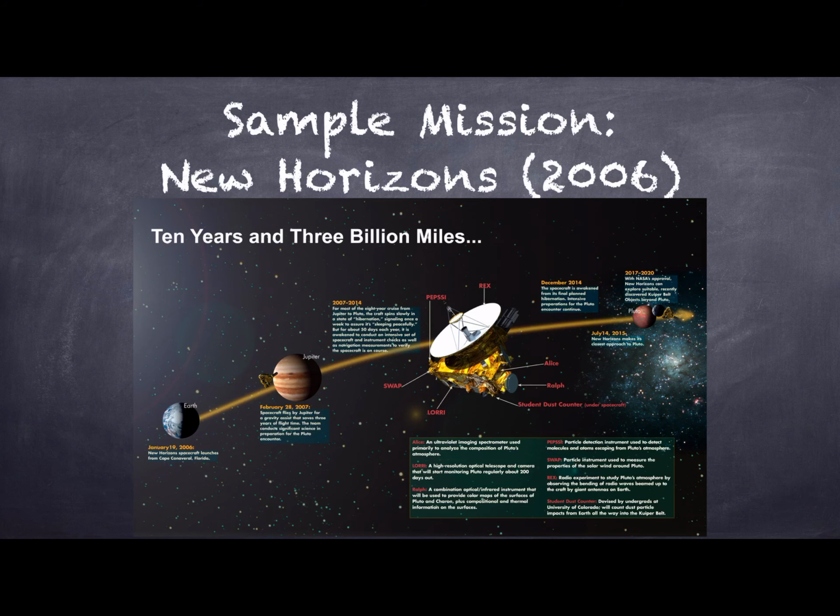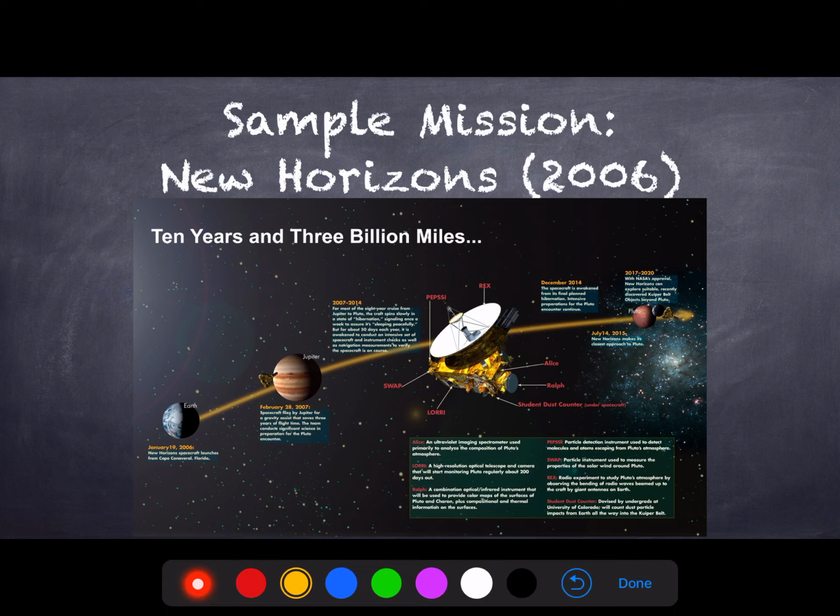So, an example of a flyby mission is New Horizons, which was launched in 2006 to the outer solar system. And you can see that it has gone, obviously this is a little out of date, it's been longer than 10 years now since 2006. But it's gone quite far indeed.